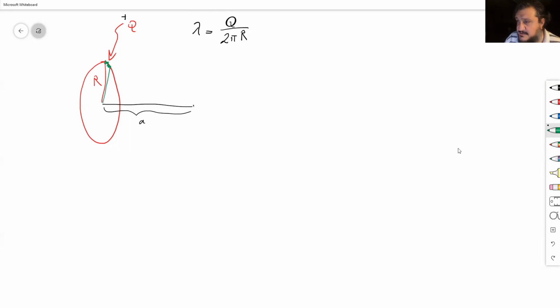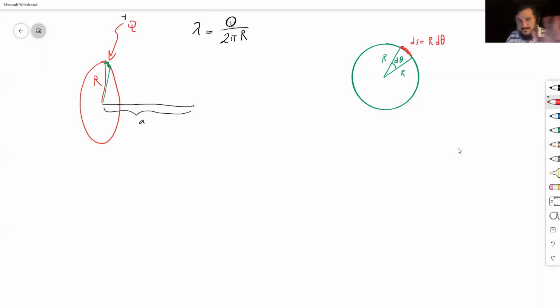You have a circle of radius R, and then a very small angle d theta. Then there's an arc length ds, which is equal to r d theta, right?